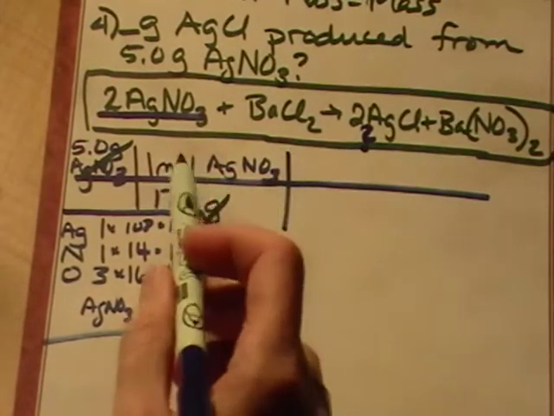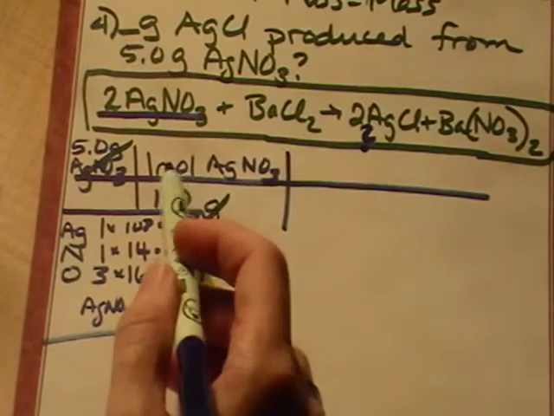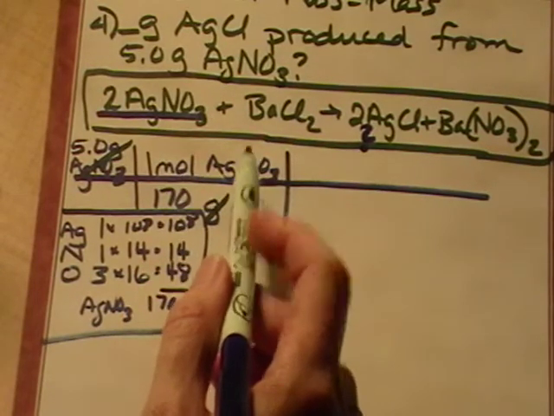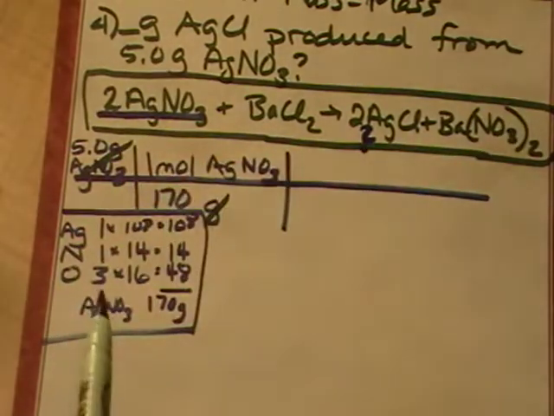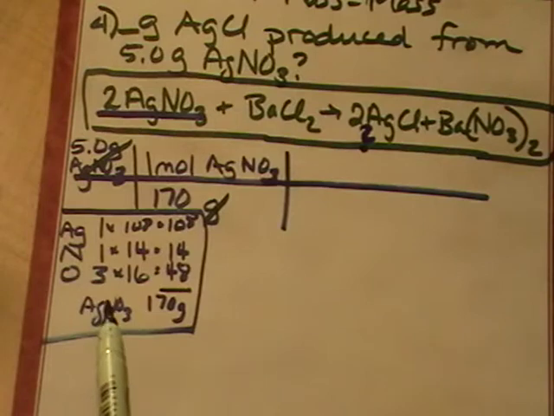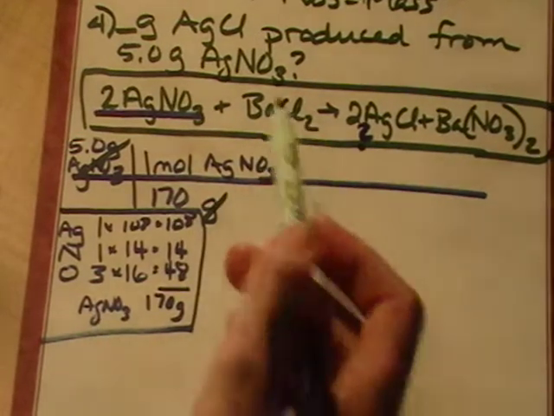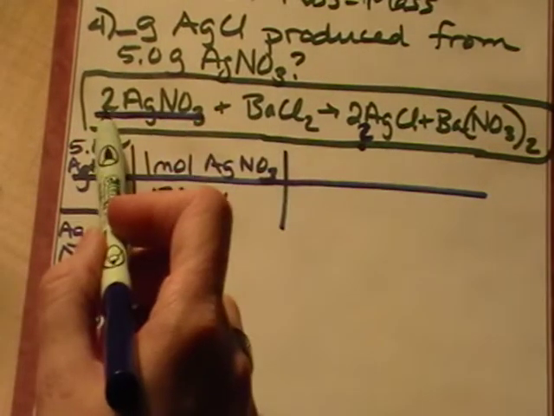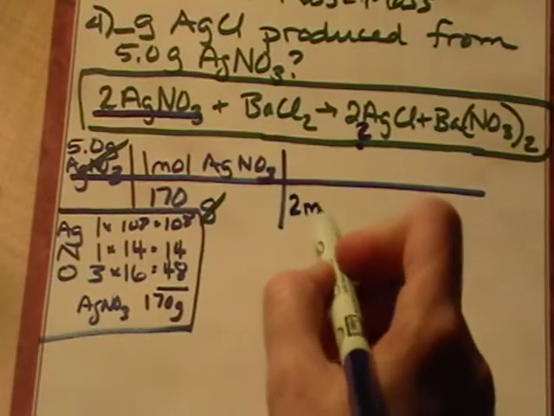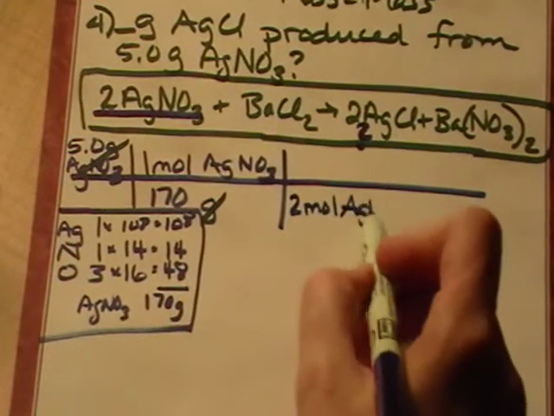I'm going mole to mole, so moles of AgNO3. Looking at this equation, how many moles of AgNO3 are reacting? I find AgNO3 and I see that it's 2 moles. So I'm going to say I have 2 moles of AgNO3.